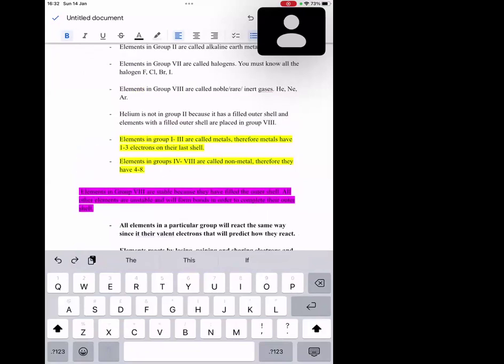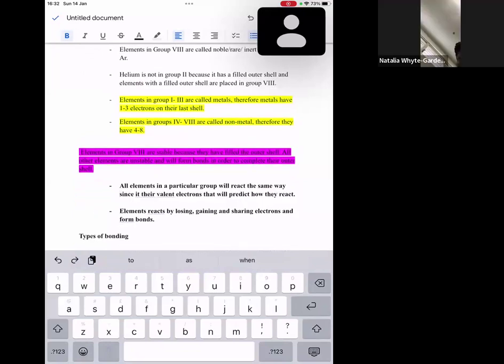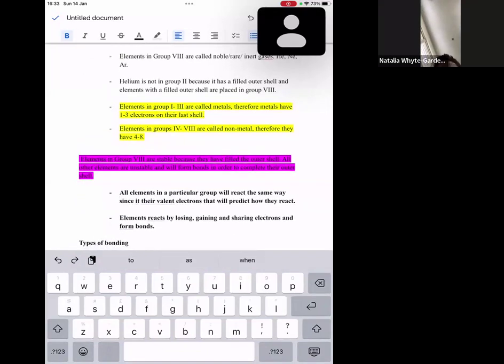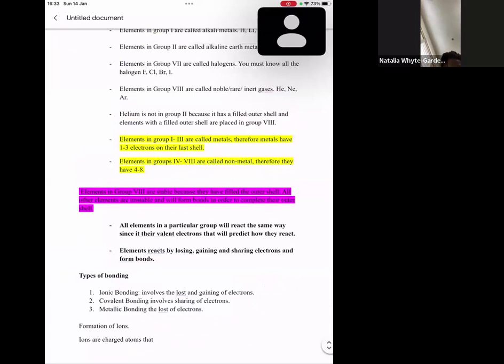Where the electron determines the chemical. That's right. Property. And all elements in a particular group will react the same way, since it's their valence electrons that will predict how they react. That's what the students are mixing up right there. So we're going to fix that.